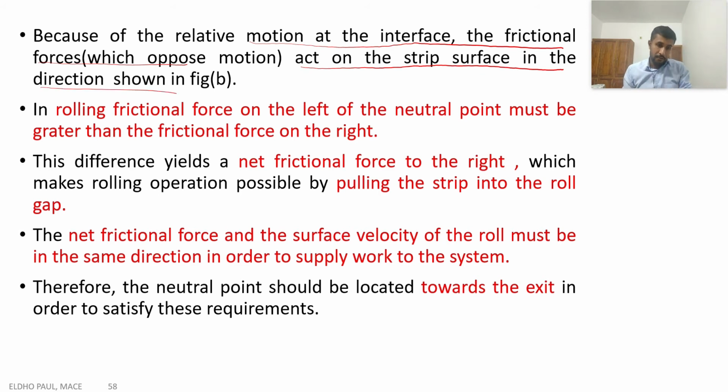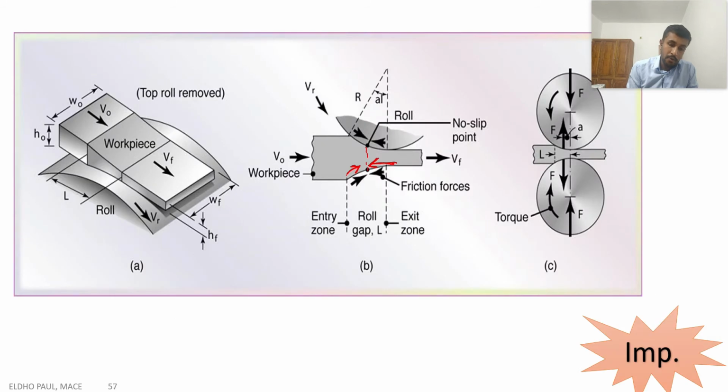In rolling, the friction force on the left of the neutral point must be greater than the friction force on the right. This is very important, because the metal flow direction is this direction. For the metal flow, the net force should be towards the right. Only then can we pass the workpiece through the rolling gap.